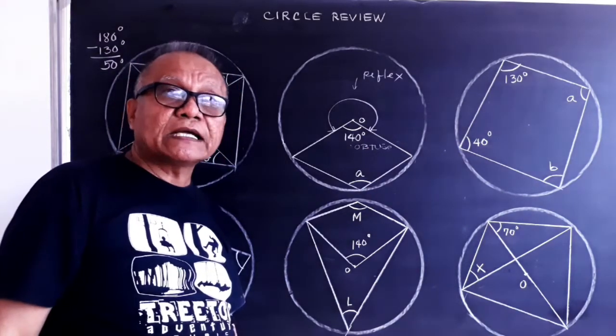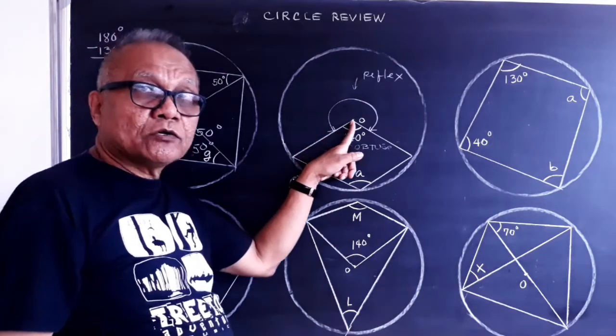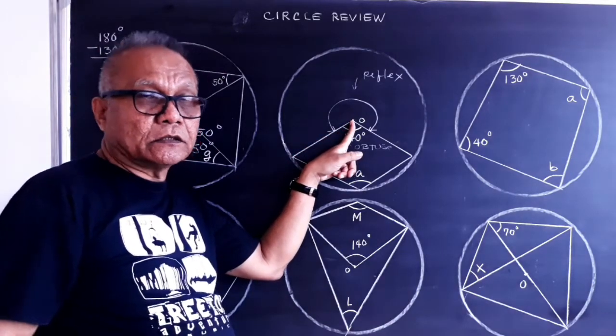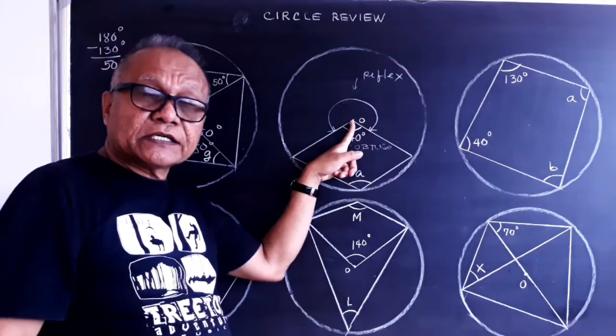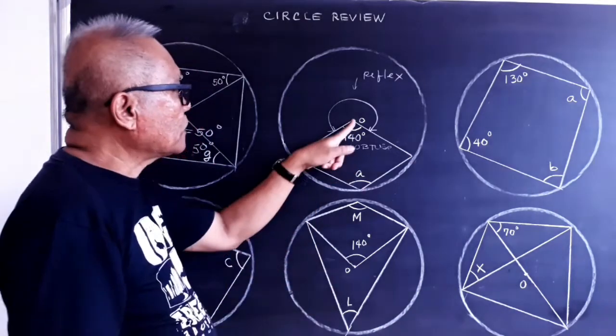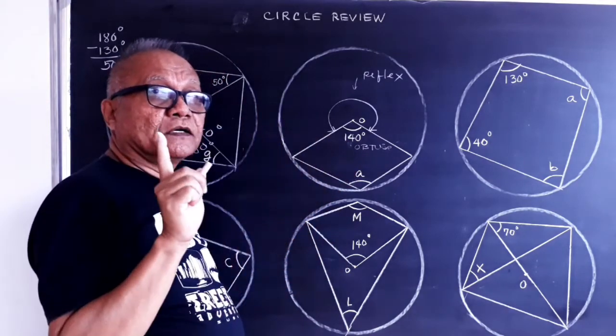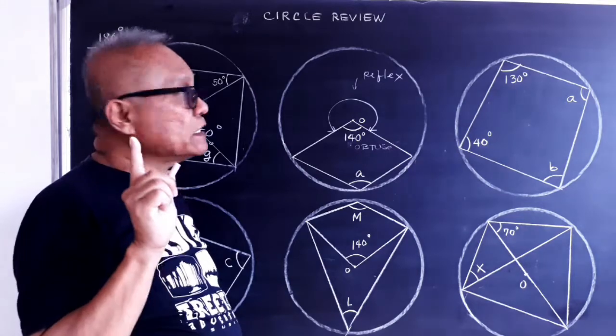So it is more than 180 degrees. So what is the measure at a point? The entire angle there. It is 360 degrees. So how can we find that one? We subtract the 140 degrees from 360 degrees.